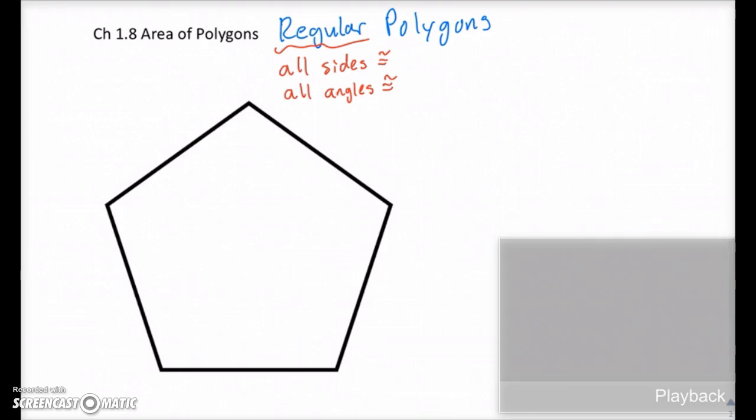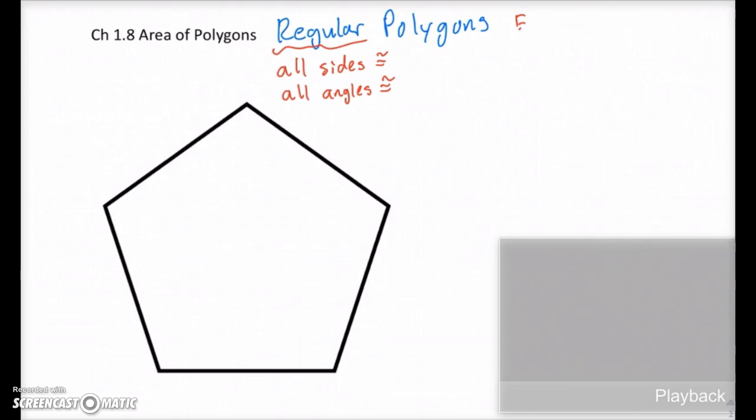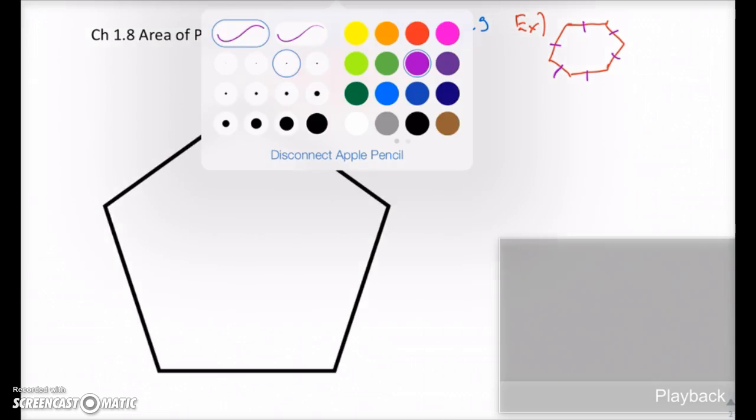Okay, we're going to draw a little diagram for you guys here. So let's draw a hexagon. I'm drawing a regular hexagon. It might not look regular, but I will put these tick marks here to show that it is a regular hexagon.